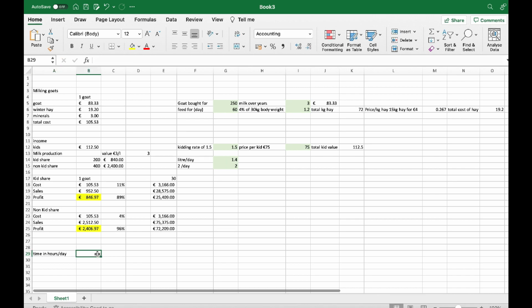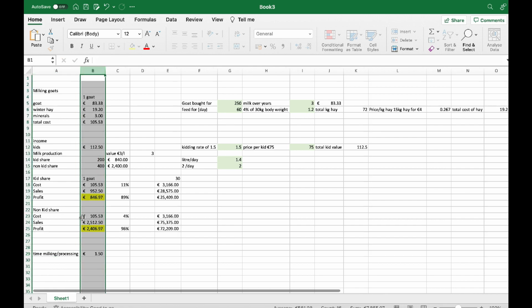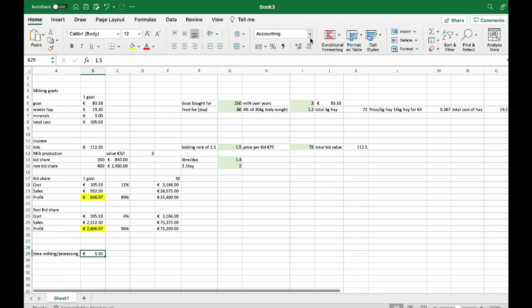This is going to be 1.5, and that's milking, milk processing, bottling, whatever. We're doing tiny numbers really, and I want to make that general.